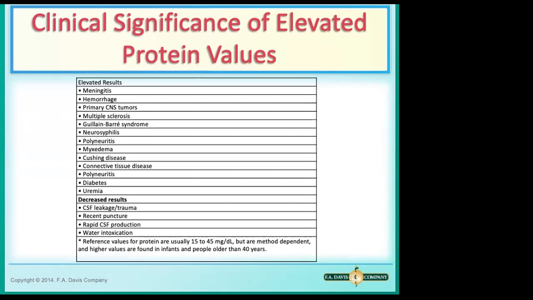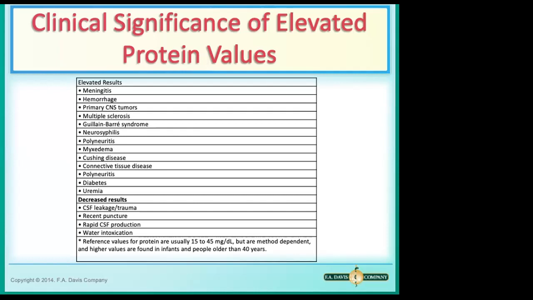It may be seen in cases of meningitis, hemorrhage, primary tumors of the central nervous system, multiple sclerosis, Guillain-Barré syndrome, neurosyphilis, polyneuritis, myxedema, Cushing's syndrome, connective tissue disease, diabetes, and uremia.